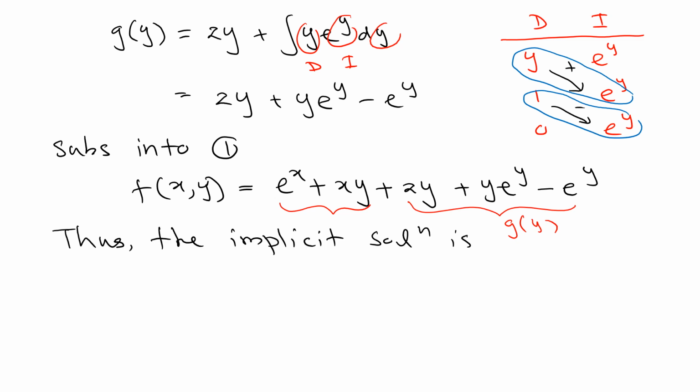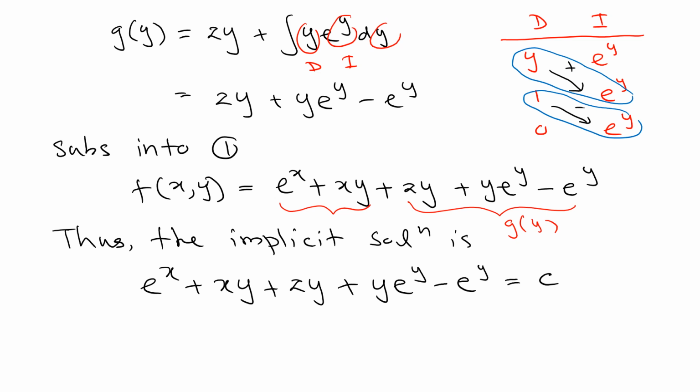Okay, so now we can set this equal to a constant and find the implicit solution. The implicit solution is e^x plus xy plus 2y plus y e^y minus e^y equals a constant. So this step is very important. Because this is an equation, if possible we can solve this one, but this is not easy to solve. So what we do, we can use the initial condition now. Using the initial condition, in this case y(0) equals 1, we can plug that in.